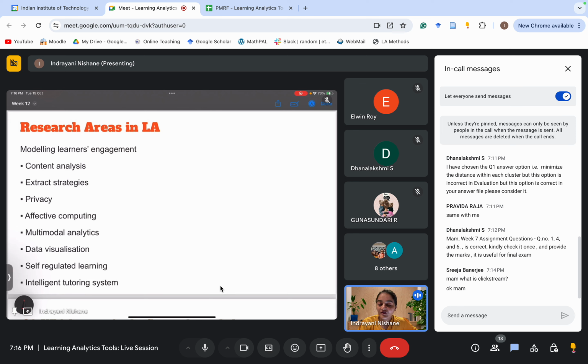Then taking care of their privacy, then affective computing, determining students' emotional states. Then multimodal analytics, using eye tracking along with log data, considering more than one mode of data to understand learning processes. Then data visualization with the help of different types of graphs and charts, to visualize the data we have.